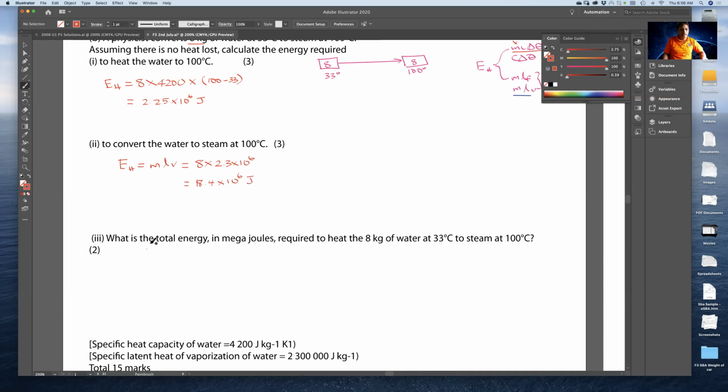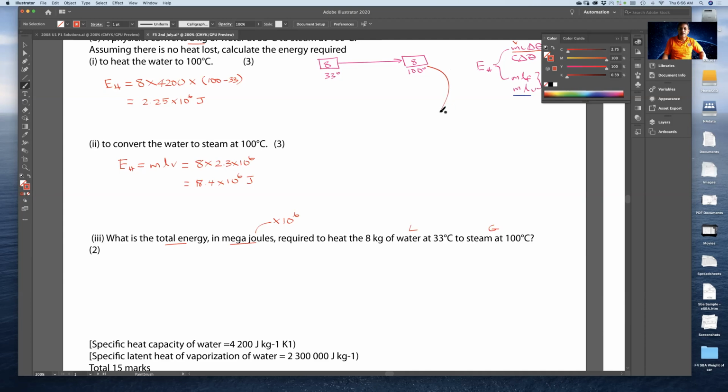And the next part is asking us, what is the total energy in megajoule? I already have the mega, we should know is 10 to the 6. That's what mega means. Required to heat 8 kilogram of water, this is a liquid, to steam, which is a gas. So we have to follow both of them. After we do this change, the second part of the question is doing this.